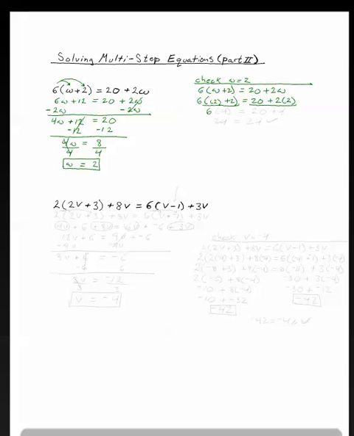So on the left I get 6 times 4 equals, and then on the right-hand side we have to do the 2 times 2 first, because multiplication comes before addition. So we get 20 plus 4. 6 times 4 is 24 equals 20 plus 4 is 24. We get 24 equals 24, so our answer checks.